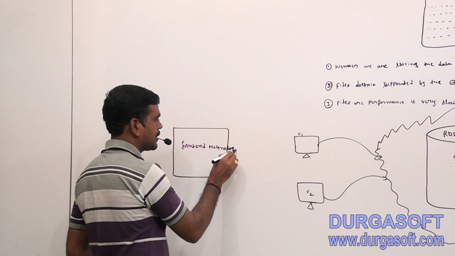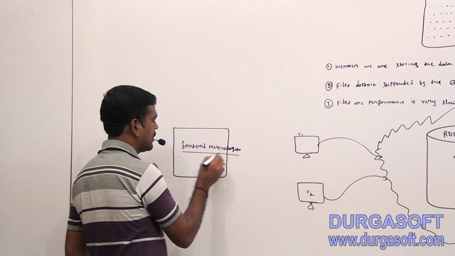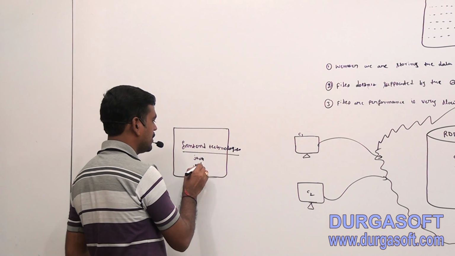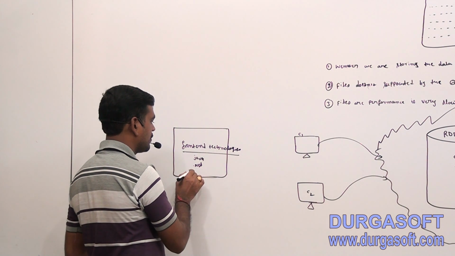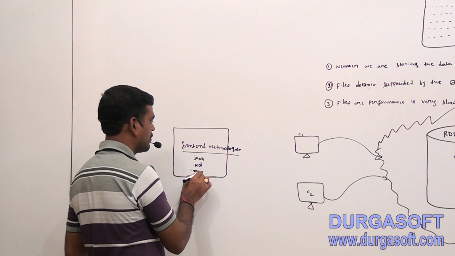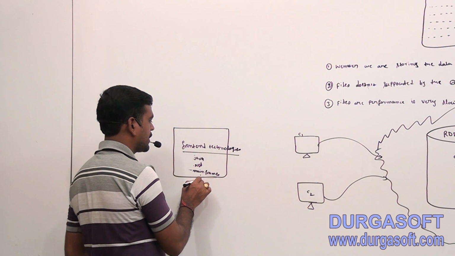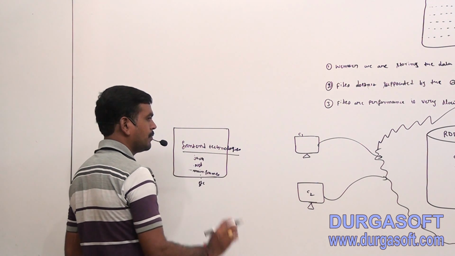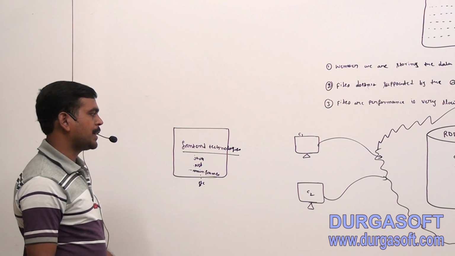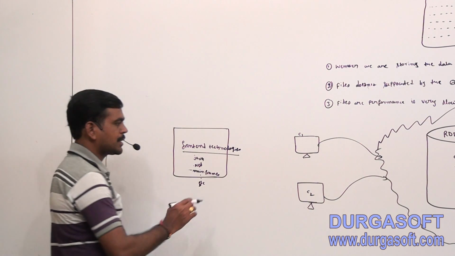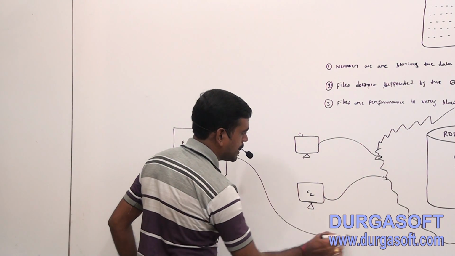Front-end technologies like Java, .NET, mainframes, etc. are used. So by using front-end technologies, we can communicate with that database.